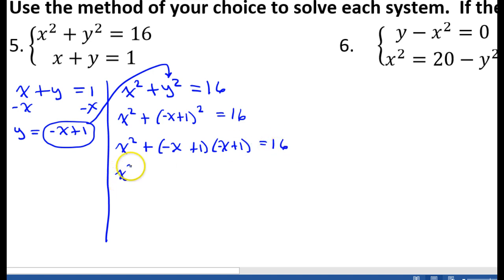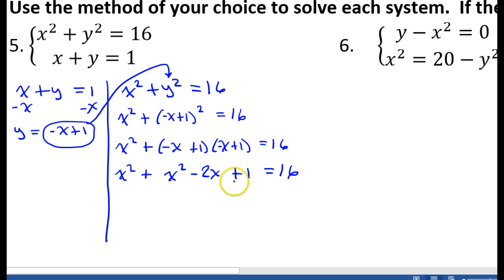So let's see how that works out. So this is going to be, okay, so that'll be positive x squared, and negative 2x, and then plus 1 is equal to 16.